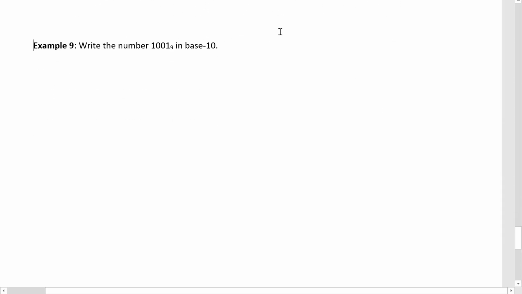Okay, last example. Write the number 1001 base 9 in base 10. Because what I have is already in base 9, I know that these are values in base 9, and I know that the place value is a base 9 place value.